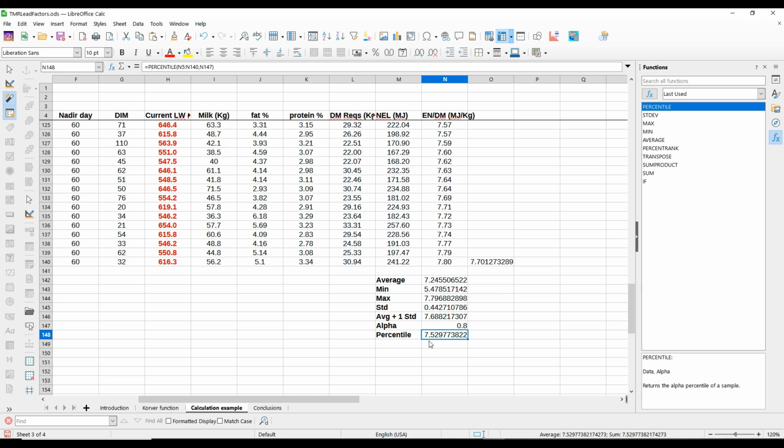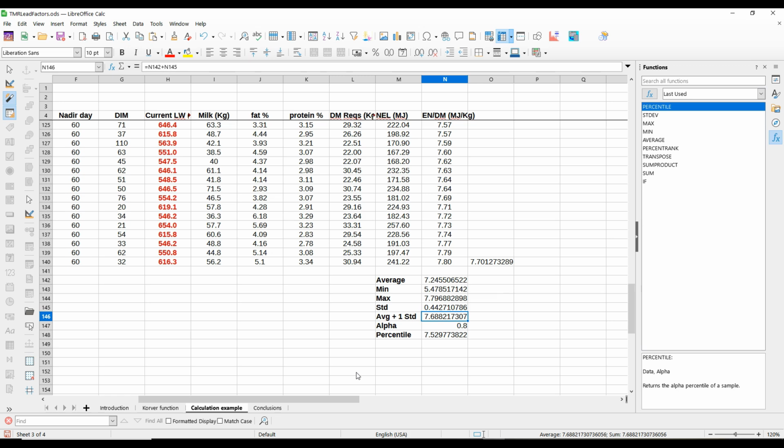But if you decide to use standard deviation and say I don't want the average plus one standard deviation, but 0.9 standard deviations, you have no control without of course doing even more calculations on the percentage of your animals that meet their requirements.